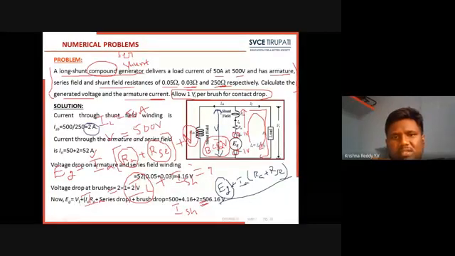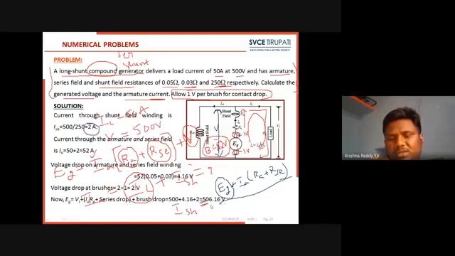The load voltage is 500 volts, the armature and series field winding resistance drop is 4.16 volts, and the brush contact drop is 2 volts. The total voltage generated by the armature is 506.16 volts.